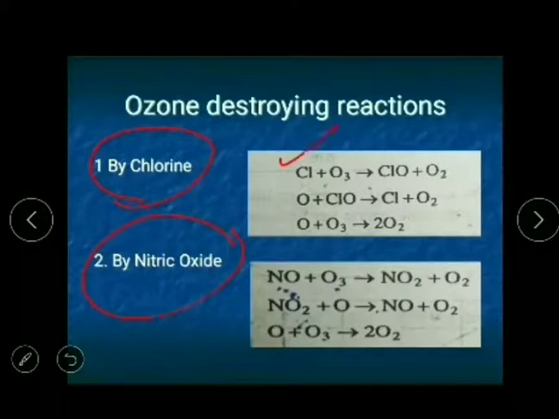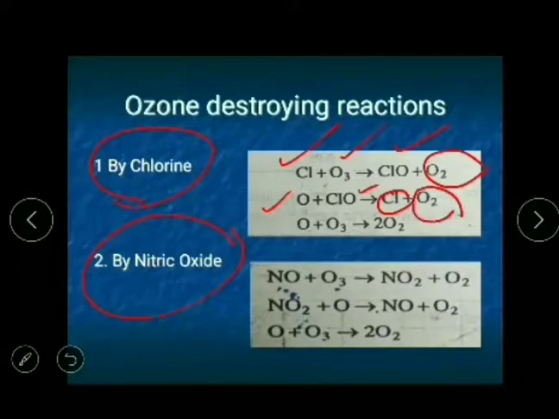One atom of chlorine, when it reacts with ozone, gives rise to 1 molecule of oxygen and 1 molecule of chlorine monoxide. One oxygen atom, when it combines with chlorine monoxide, gives rise to a chlorine atom, as depicted in the general mechanism, and a molecule of oxygen.